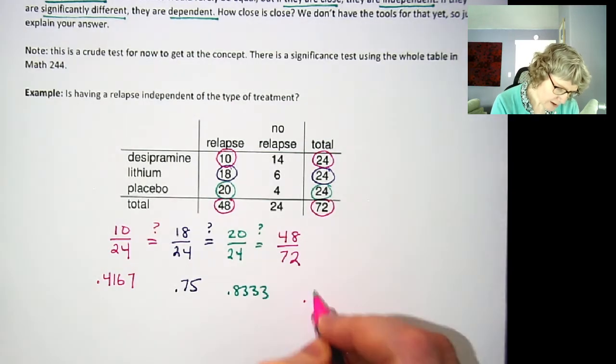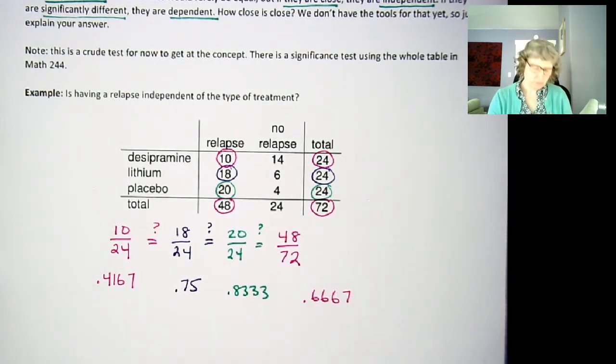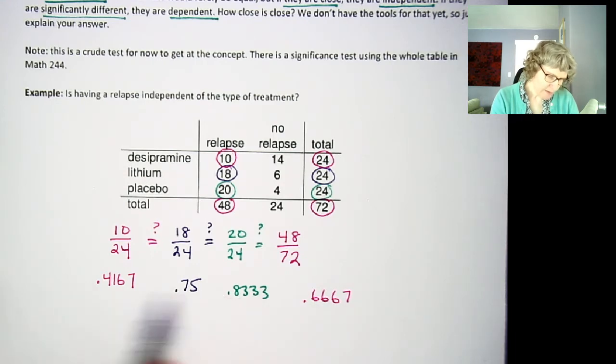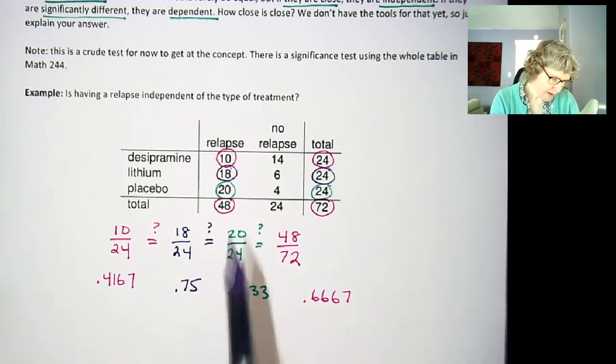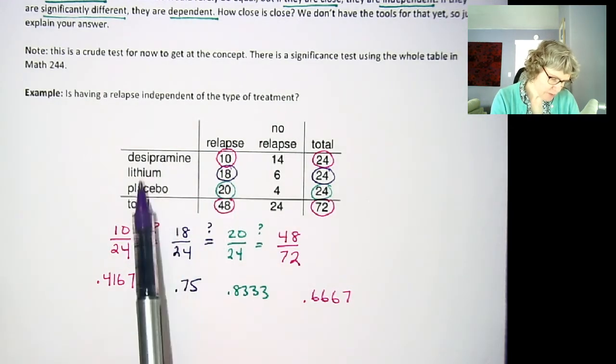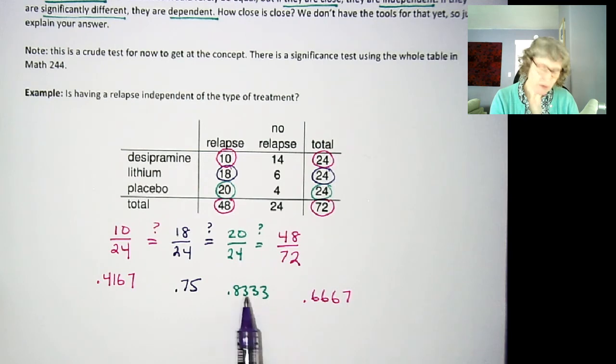That's like the average of all these numbers. Comparing all of these, and knowing this one will be in the middle somewhere, this seems to vary quite a bit, doesn't it? This is telling us how many people had a relapse given each treatment. The desipramine was actually the lowest. Placebo was the highest, and this was in the middle.